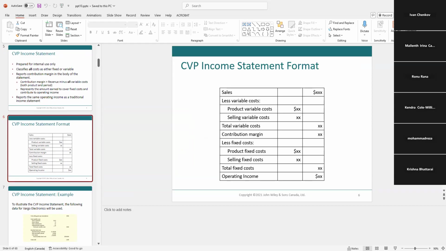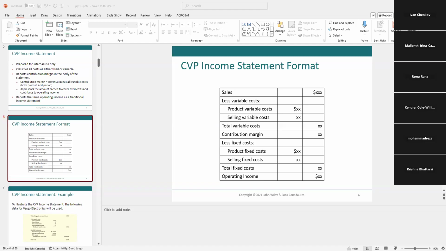Let me flip to an Excel spreadsheet, and I'm going to start from a simple Excel spreadsheet, and we're going to go further, so you can understand the whole relationship and all the analysis in a very simple way. And then we're going to come back here to the slides, and we're going to talk more about the slides.